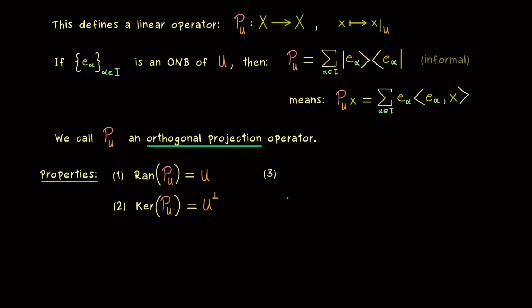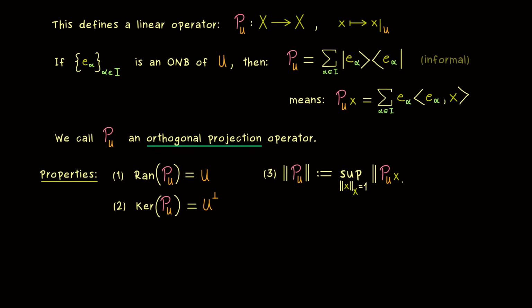And then for the third property, we can look at the operator norm of P_U. And there please recall, the operator norm is the largest length we can reach in our image when we use normalized vectors. So more concretely, you take the supremum over all possible vectors X from the Hilbert space that have norm 1. And then you calculate the length of P_U x.